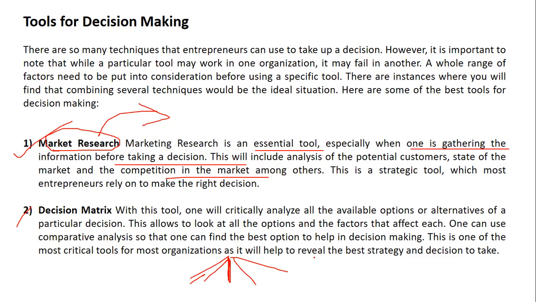There can be some minute words which will be used in order to prepare a question, so you should be able to understand the concepts very well. Again, talking about the decision matrix, this is one of the most critical tools for most organizations. It helps to reveal the best strategy in order to take the best decision.